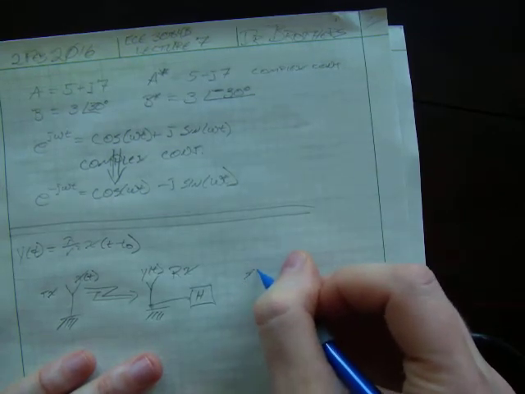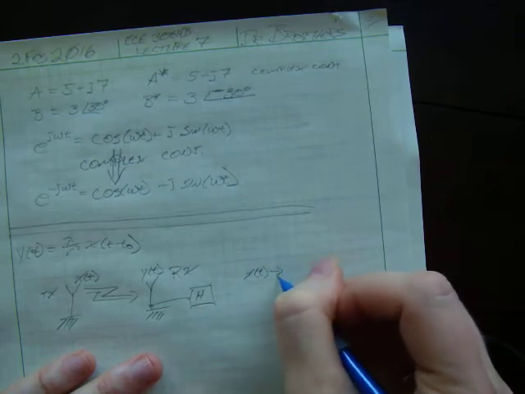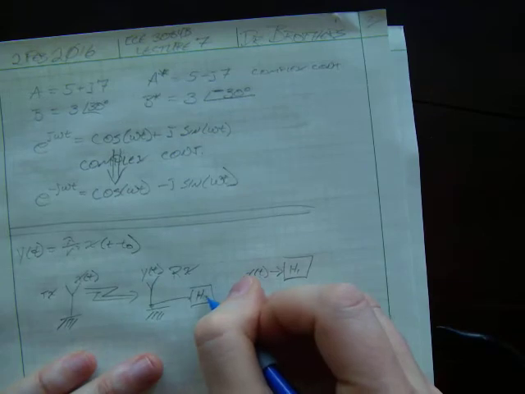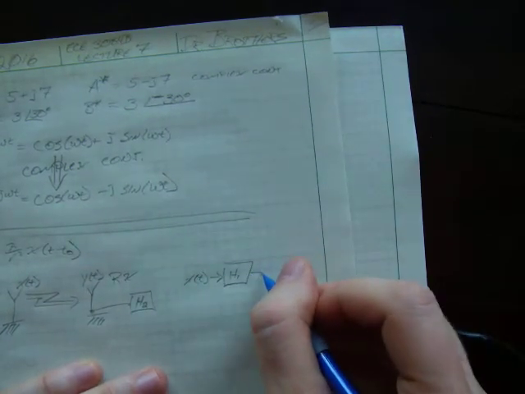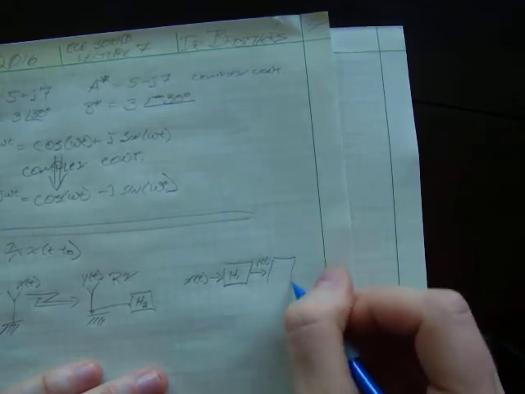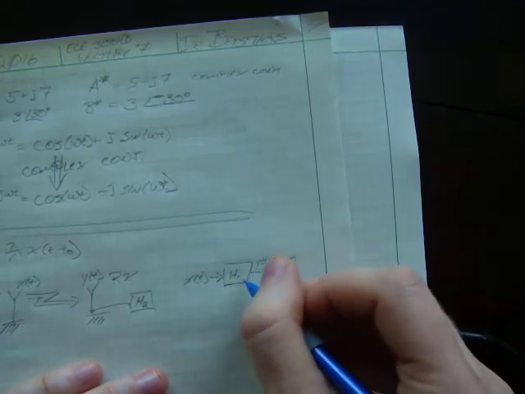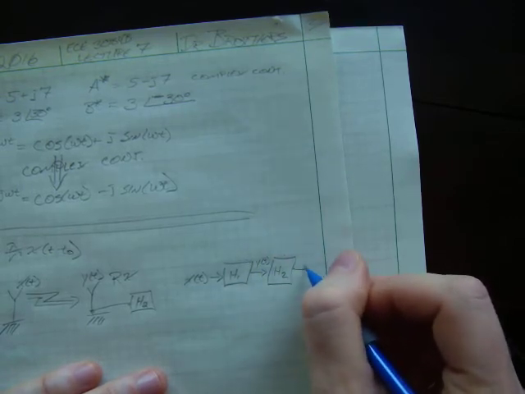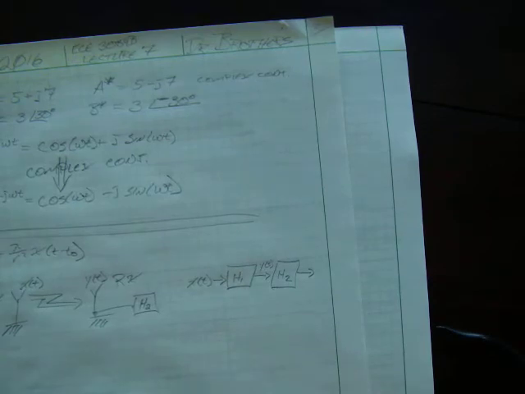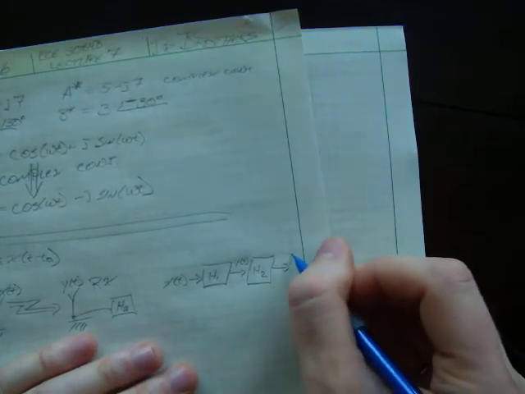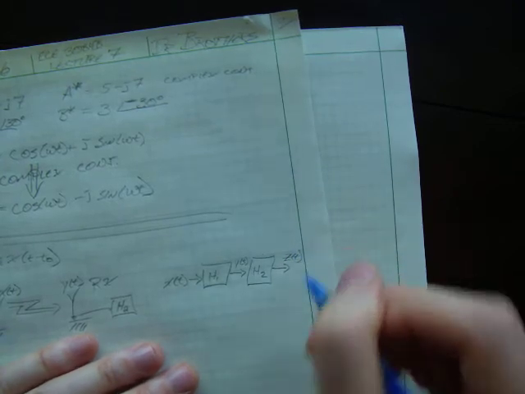If we rewrite this, we actually have two systems now. We have x of t feeding into H1, and let's call the second one H2. The output of H1 is y of t, which is the input of H2, and the output of H2 we'll call Z of t.